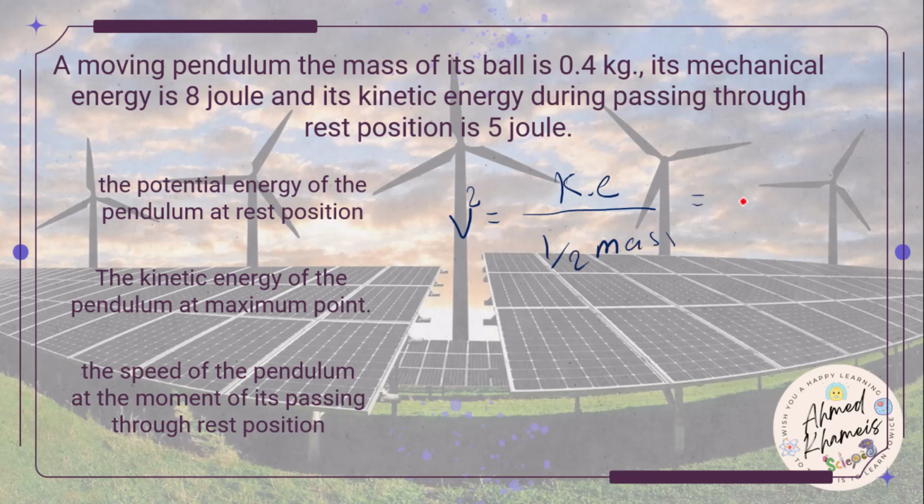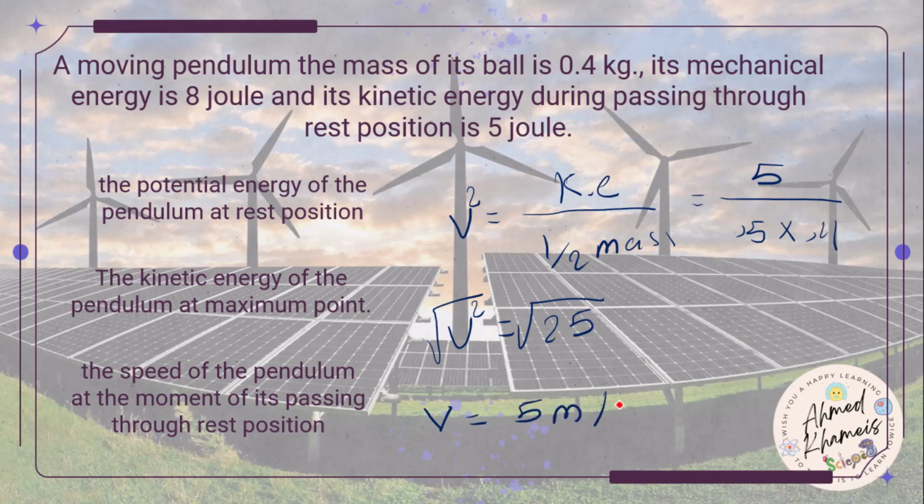Kinetic energy equals 5 joules divided by half the mass, which is half multiplied by 0.4 kilogram, so V square equals 25. So to get the velocity, we have to take the root of both sides. So the velocity will equal 5 meters per second.